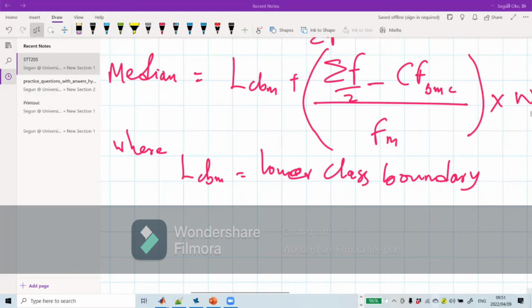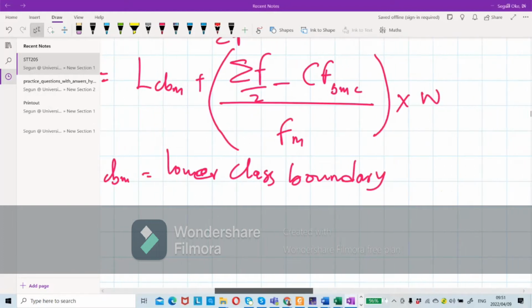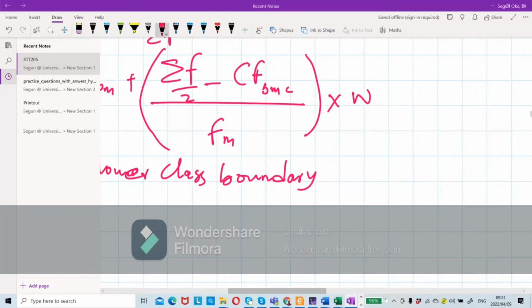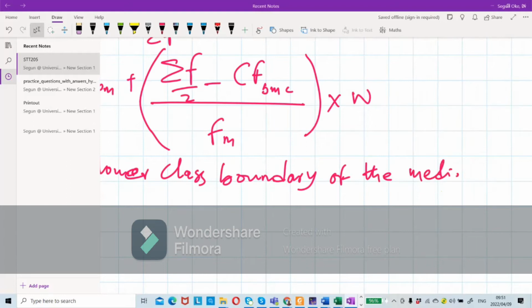Lower class boundary of the median class. Sorry, can you come again?